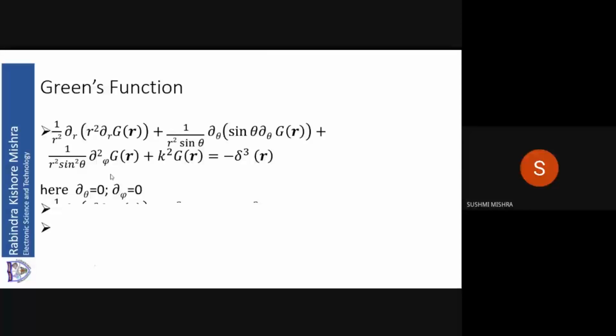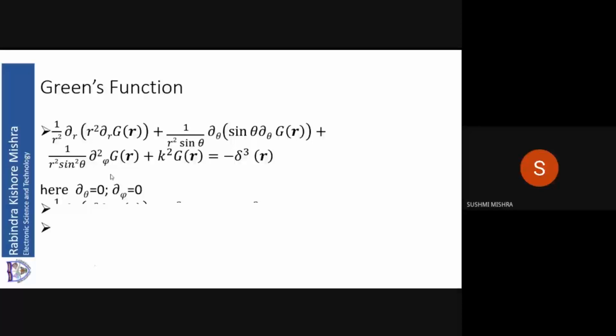Once more, we are considering the source, which is delta r, an impulse that is located at r equal to 0, which is the origin. Origin is a point. So this source is a point at the origin, and it depends only on r, because the source is equal to delta r.